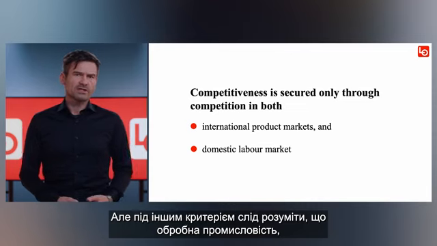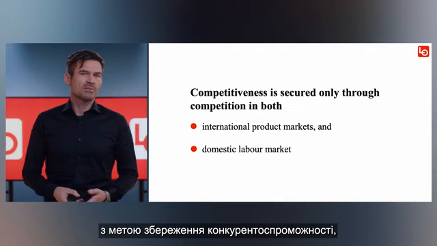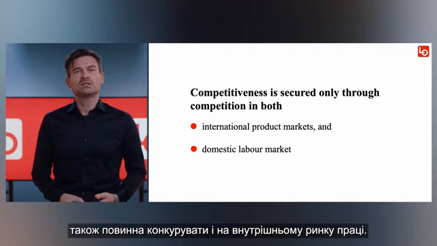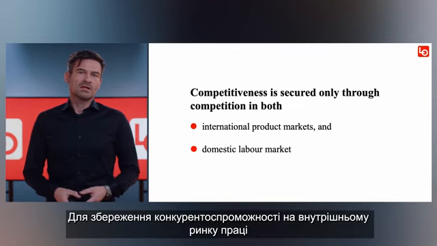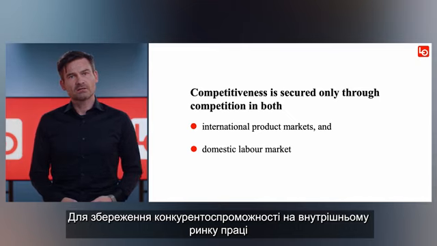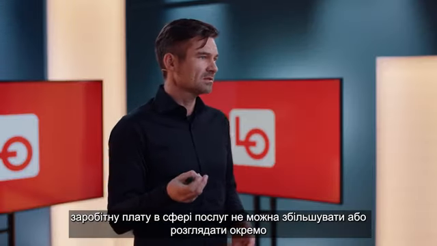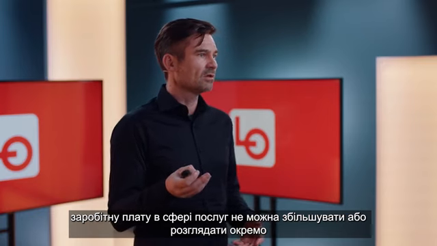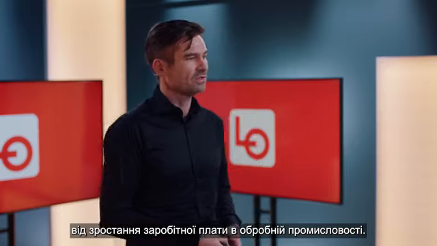But the other criterion is that the manufacturing industries, in order to be competitive, also must compete in the domestic labor market. And to keep their competitiveness in the domestic labor market, wages in the service industries cannot be de-linked from the wage growth in the manufacturing industries.